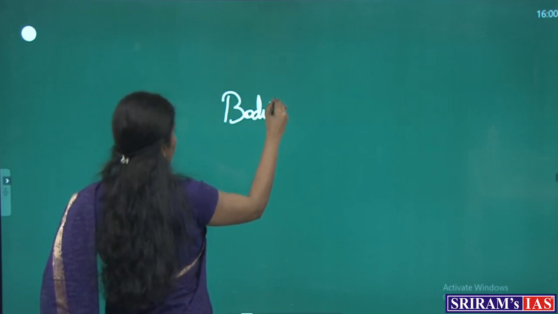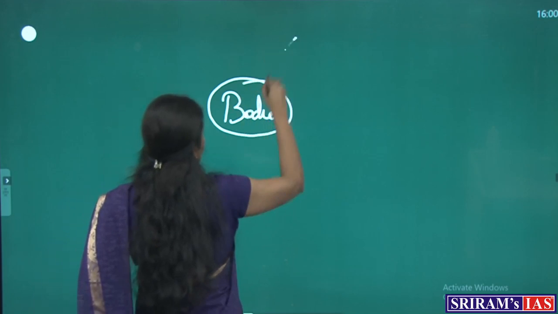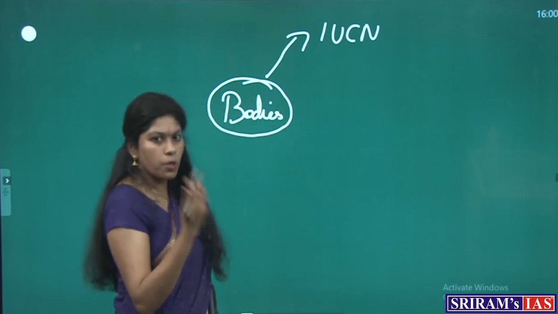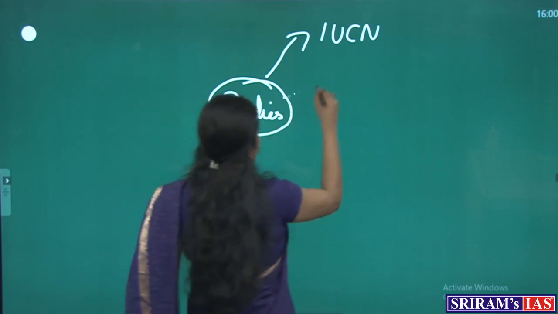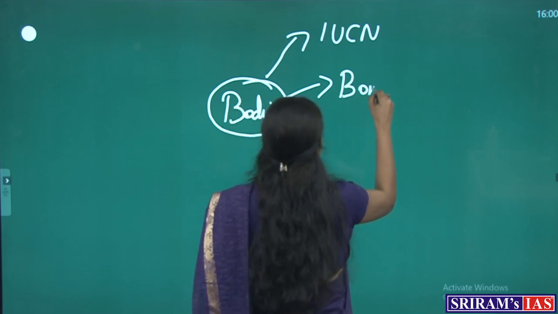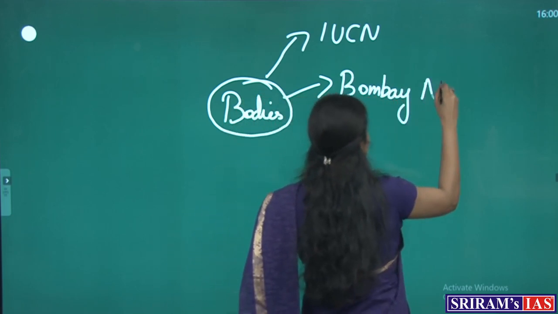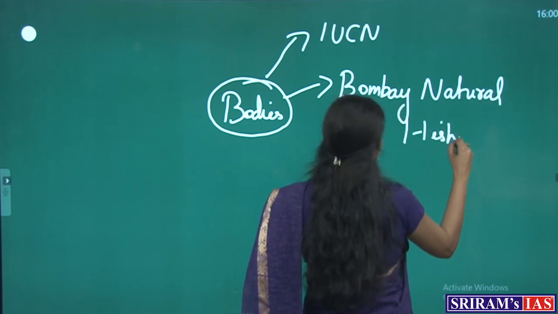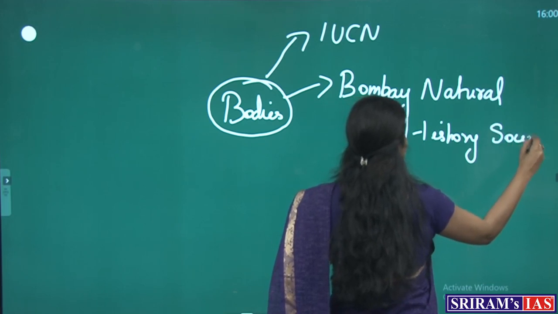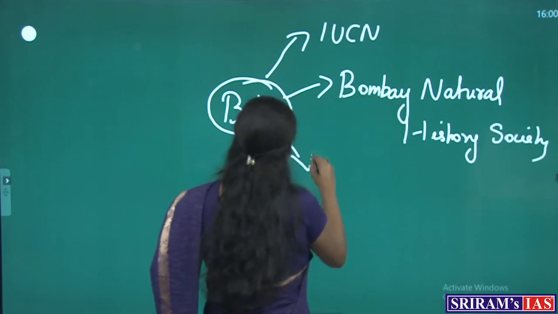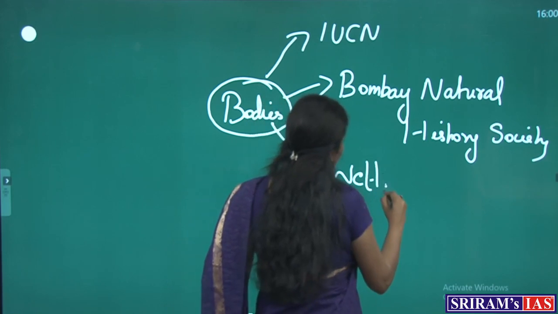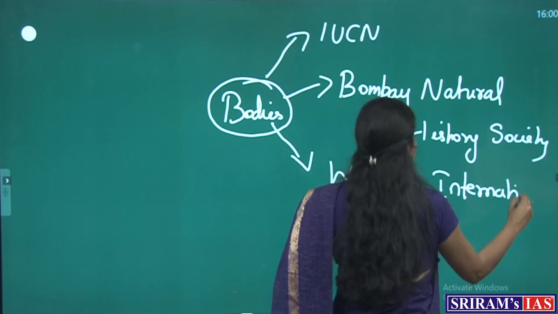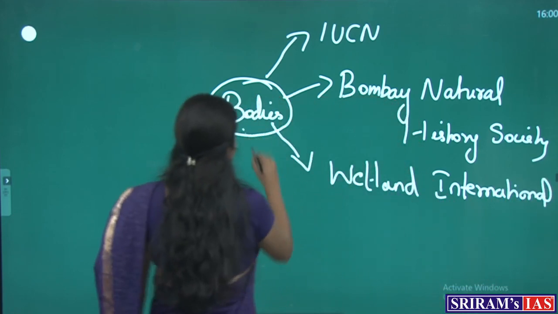And we also have institutions, organizations, bodies like IUCN, the International Union for Conservation of Nature. Then we have the Bombay Natural History Society, then Wetlands International to safeguard the wetlands. We have BirdLife International.